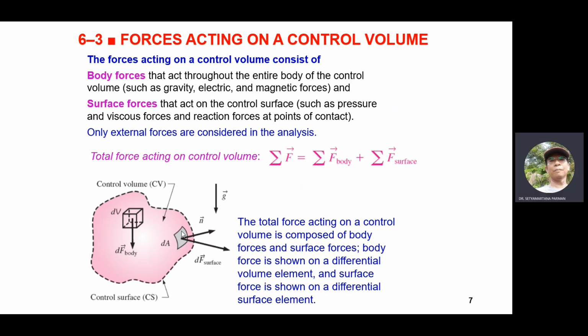At a certain position of the control surface, we can define the vector perpendicular to that surface. We call it the normal vector n, while the force working at the control surface can be in an arbitrary direction, and we denote it with dF surface.